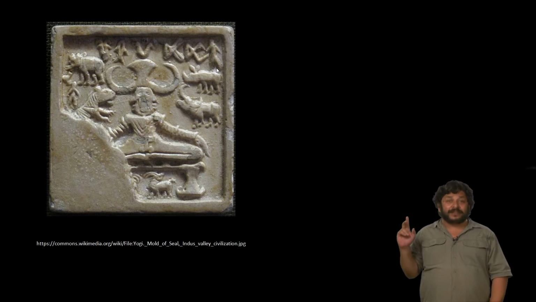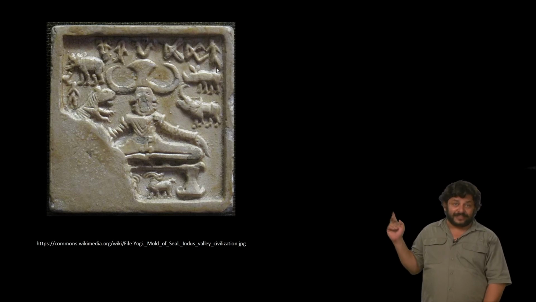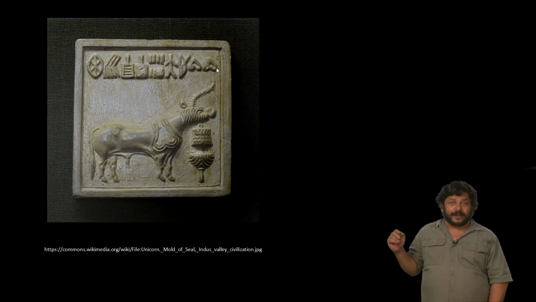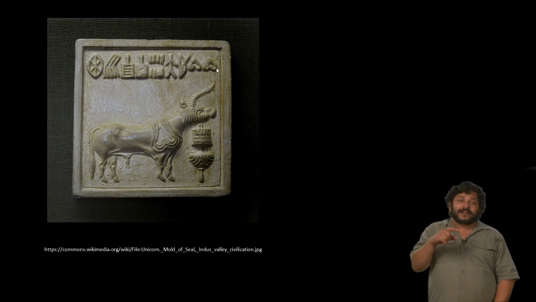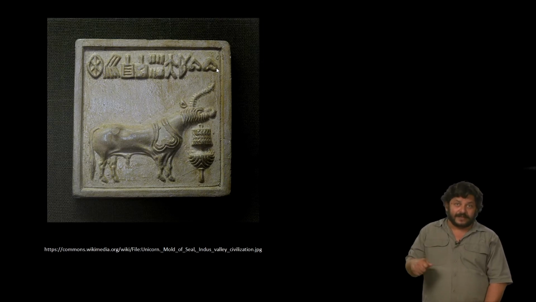You do see the representation of a lot of local fauna such as rhinos, elephants and buffaloes, and you also have what seem to be some form of sacrificial posts with a bull tied to it. These will all be ideas that will carry over into later Hinduism.